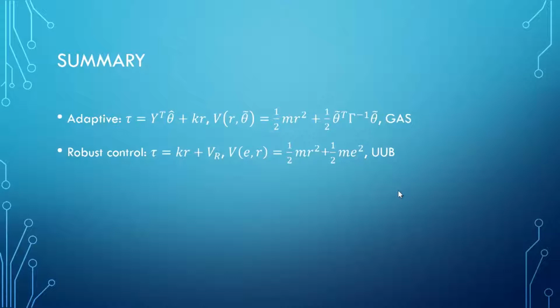Okay, VR is designed as some constant times R, and the objective is to deal with the uncertainties or disturbances. Okay, so you will get UUB. And by increasing the gains, the UUB ball, the steady state error, can be decreased.